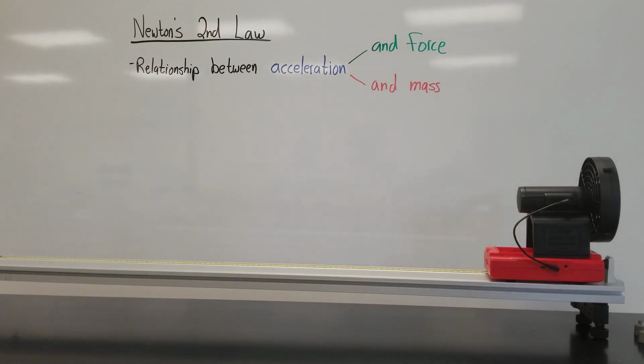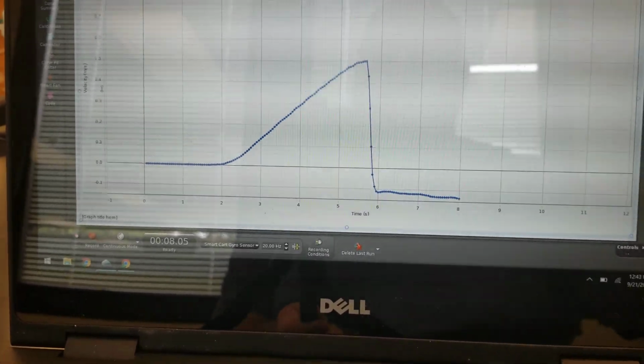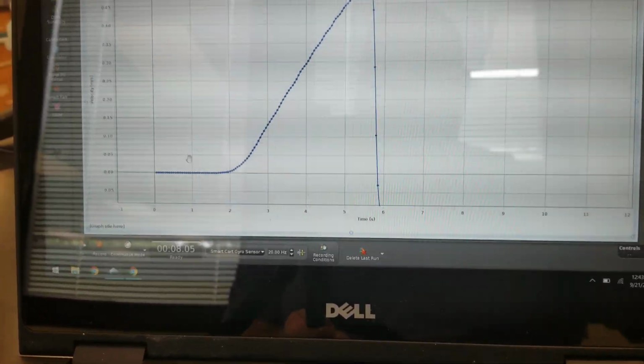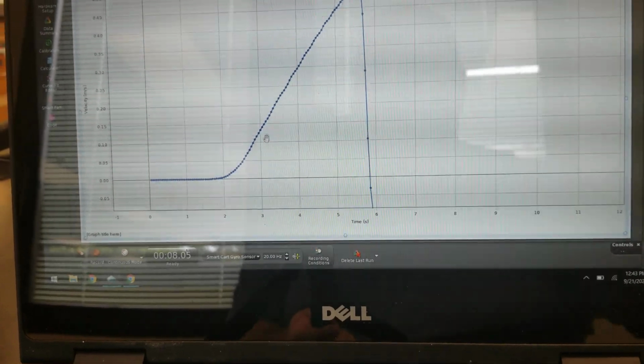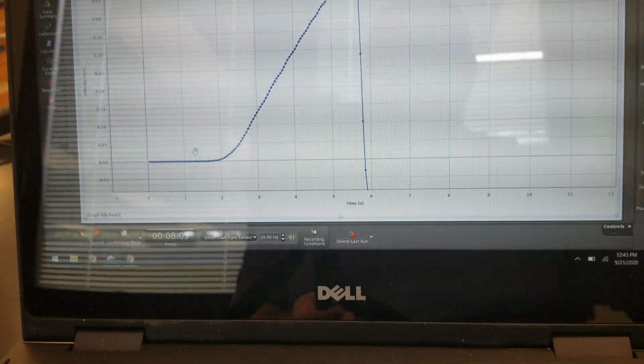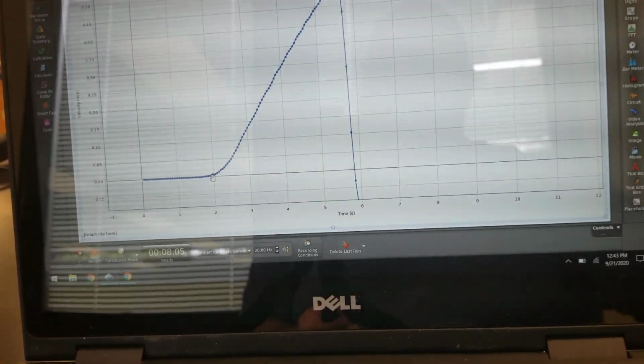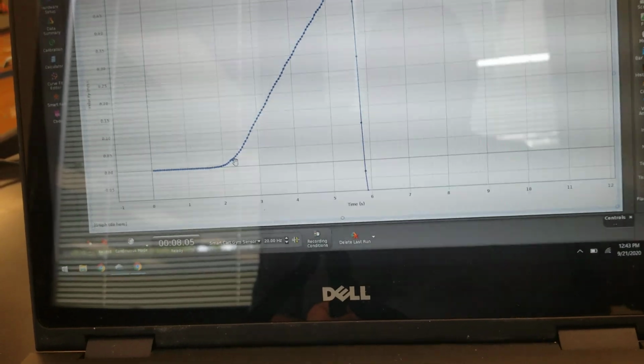Okay, so on the computer screen, I now have that nice graph of velocity versus time. And what you'll notice, let me make this a little bit bigger here, is this little curvy part right here at the beginning, that's the fan turning itself on. So it's not pushing at 1 second, and then at 2 seconds it starts to push a little bit, and then the push gets bigger and bigger and bigger.